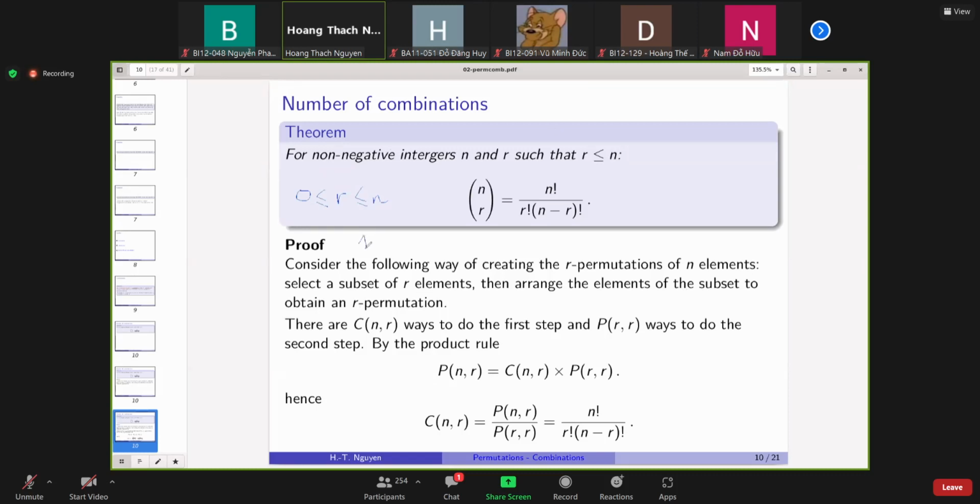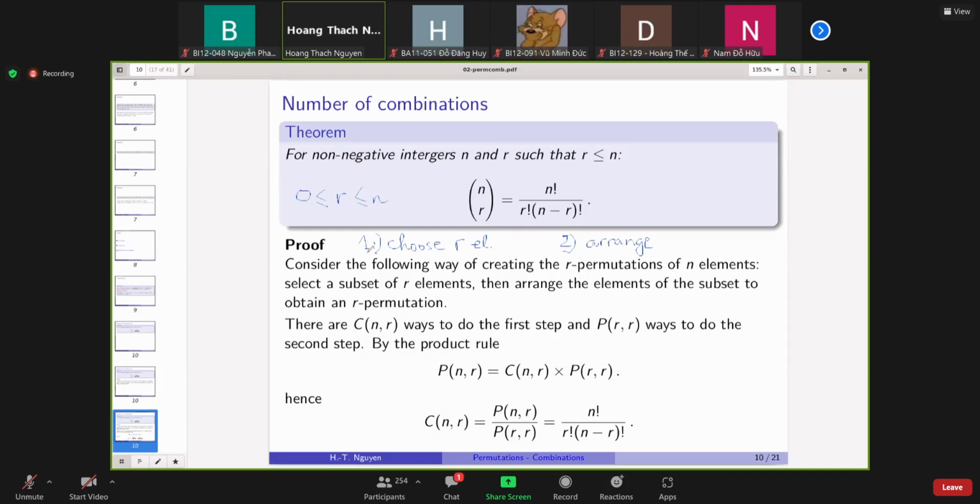So we have two steps. Step one, we pick out r elements without arranging them. Choose r elements. Then step two, arrange them. Step two follows step one, so we can use the product rule here.